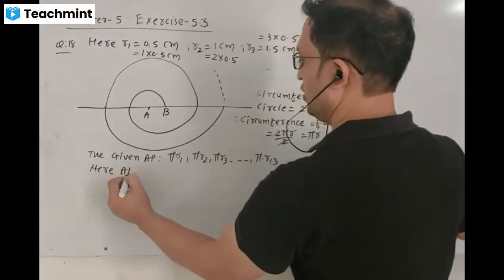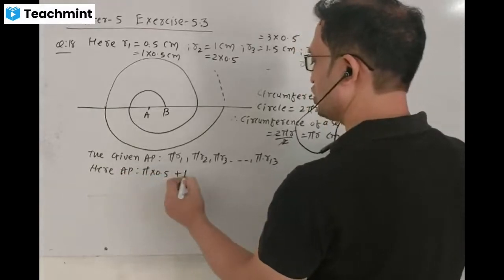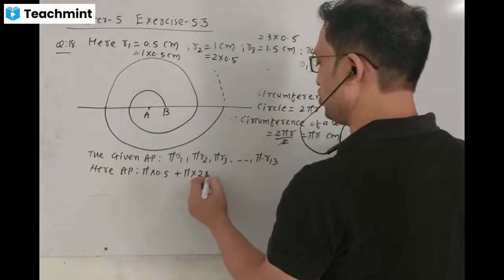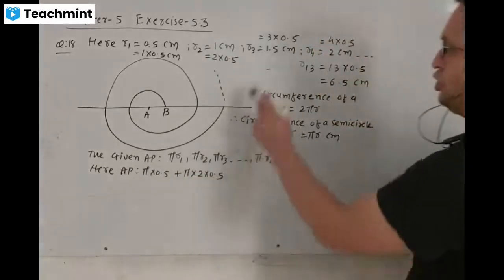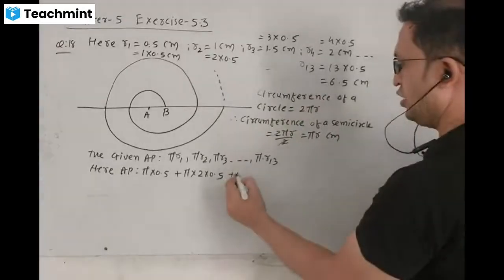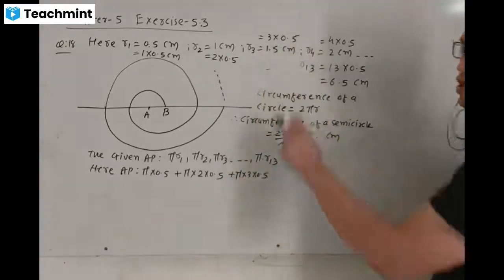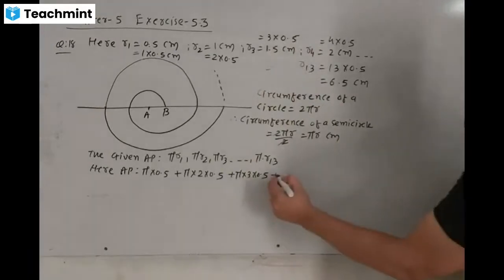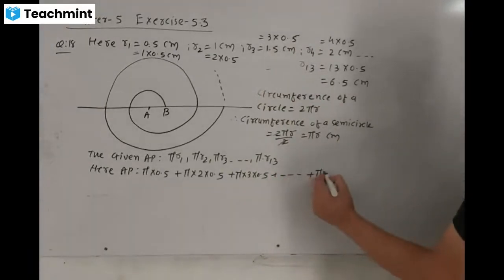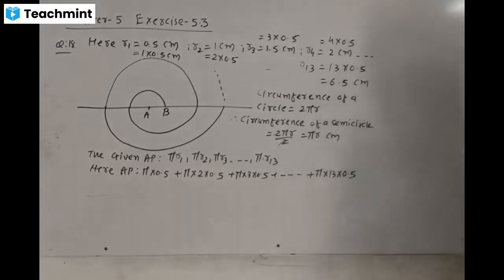Therefore, the AP is pi into 0.5 plus pi into 2 times 0.5, we can write 2 multiply 0.5, plus pi into 3 multiply 0.5, up to the 13th semicircle, pi into 13 into 0.5.